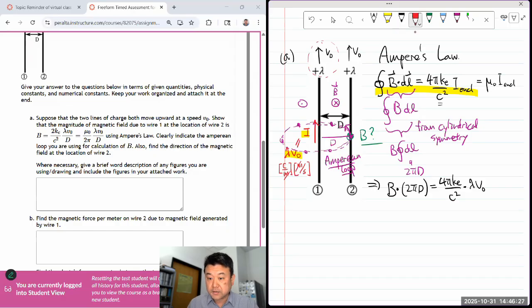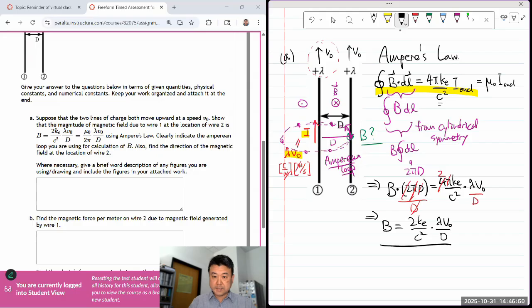Let's cancel out the things that cancel out. Pi cancels out, 2 cancels out 2. I'm going to divide both sides by d to cancel out d here. Then solving for B, that's equal to 2k over c squared times lambda v naught over d. So this is my derivation of the magnetic field using Ampere's law.